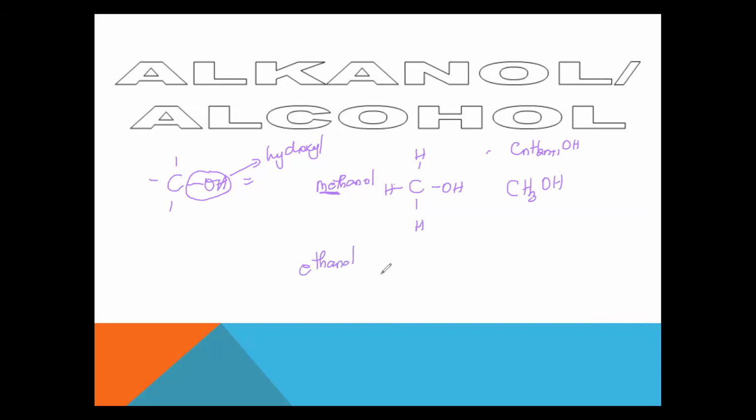After methanol, we have ethanol. Ethanol has 2 carbons and 1 OH attached. So in ethanol, n is 2. So C2, 2 times 2 is 4 plus 1, C2H5OH. Then we have propanol.